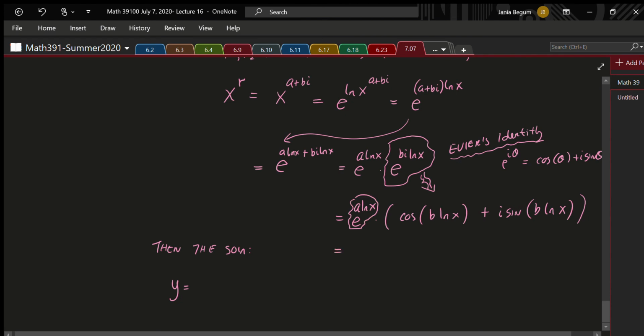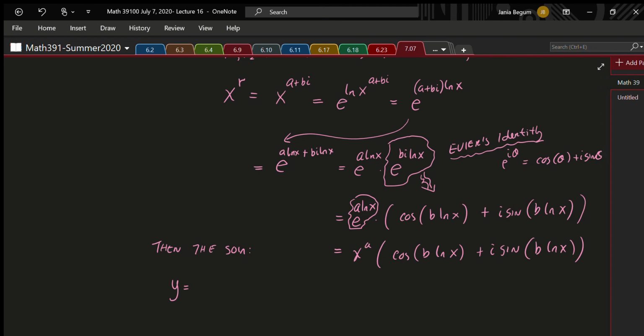So e and ln will cancel out, and you'll have x to the a times cosine of b ln of x plus i sine of b ln of x. I just resimplified that one because it doesn't really do much. If you have e and ln next to each other, you can cancel them out.